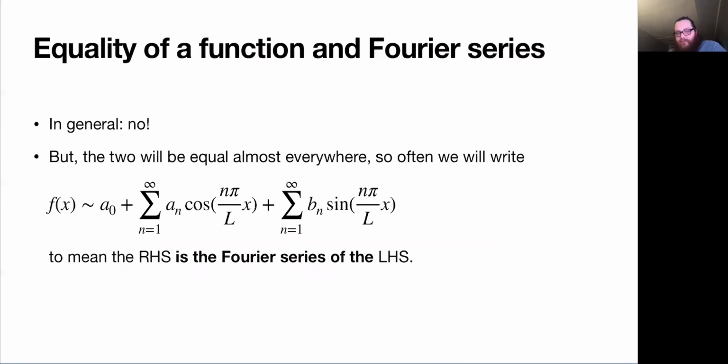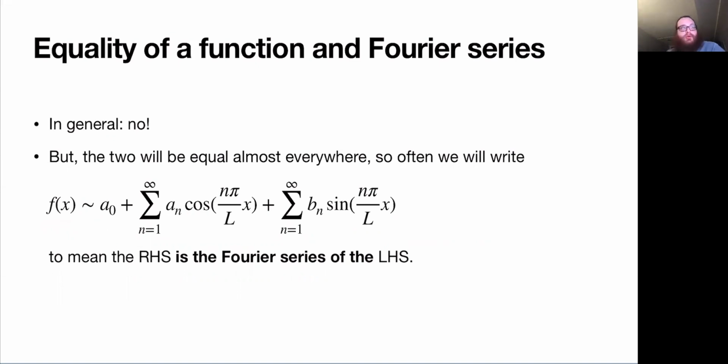Which may be a little annoying, but it's not actually going to give us any issues. Generally, what we're going to do is work with each of these pieces kind of interchangeably. To be precise, technically there are cases where this series is not equal to this function, but they're still related, they still behave pretty much the same.